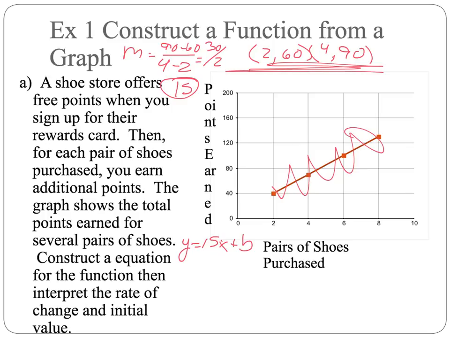I'm going to use the 2 and the 60. 60 equals 15 times 2 plus b. 60 equals 30 plus b. Subtract 30 from each side, or add negative 30. And we get positive 30 equaling b. Final equation: y equals 15x plus 30.